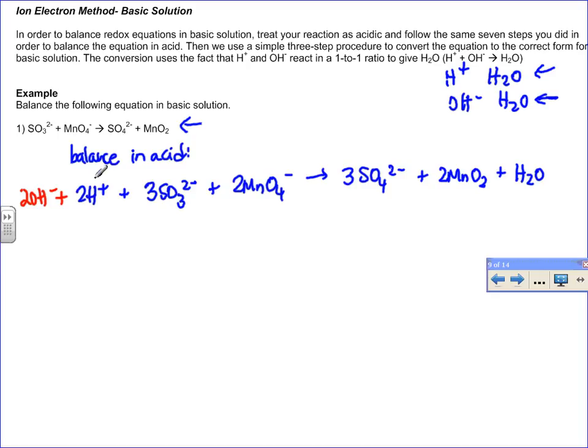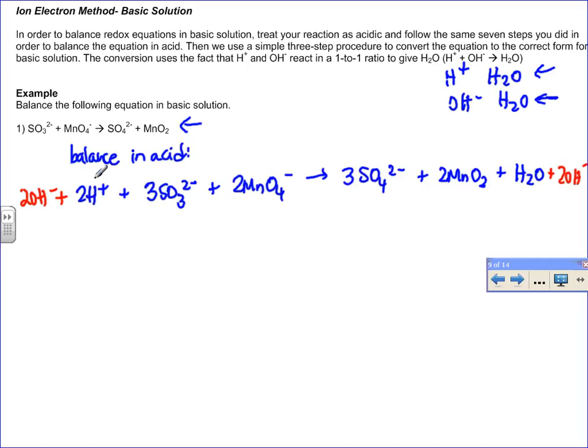Now if I add 2 OH minus to this reaction on the left-hand side, I'm going to throw it out of balance. But if I just do the same thing to the opposite side, so if I add 2 OH minus to the right-hand side as well, I really have not done anything in terms of balancing this reaction. The charge is still balanced, the atoms are still balanced, when I add OH minus to both sides.